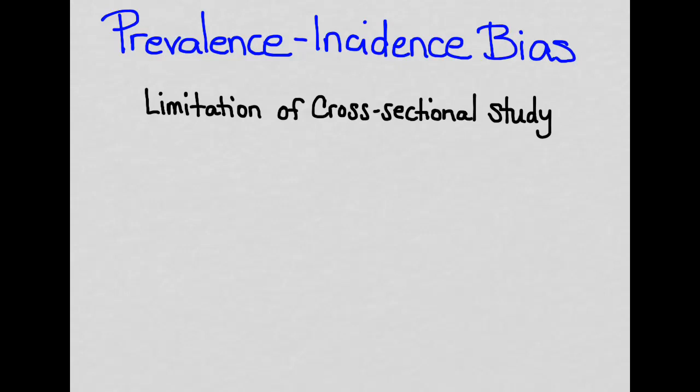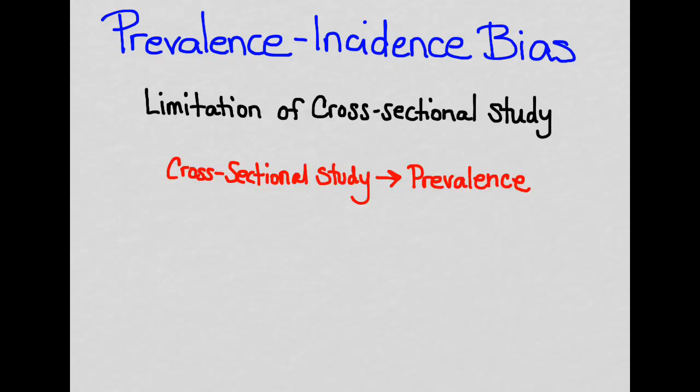So this video is about the prevalence-incidence bias, which is a limitation of the cross-sectional study. This bias is related to the fact that cross-sectional studies are looking at prevalence of disease by exposure group.